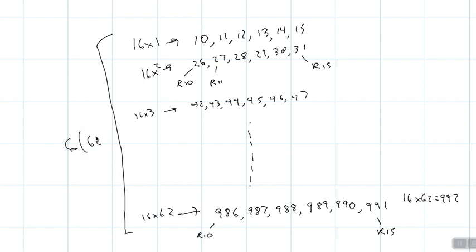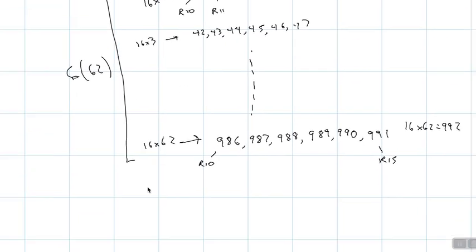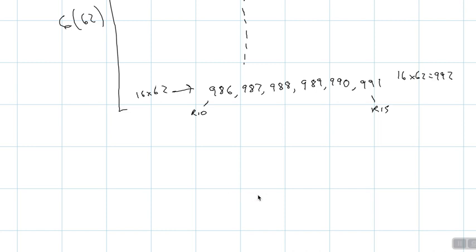So 6 times 62 is 372. That's some of the base 16 representations that are not numeric.